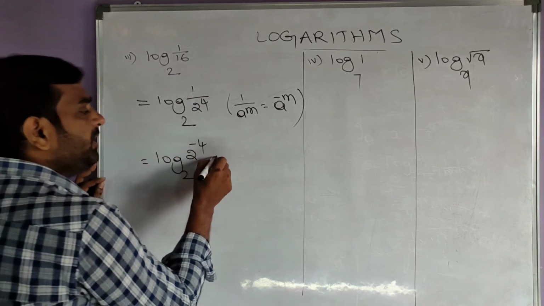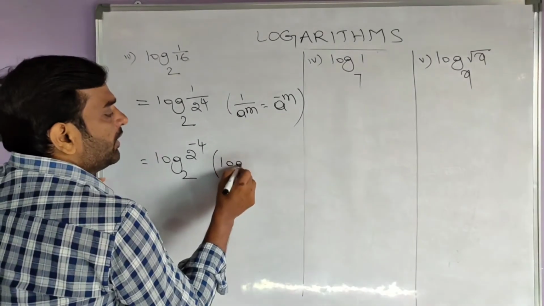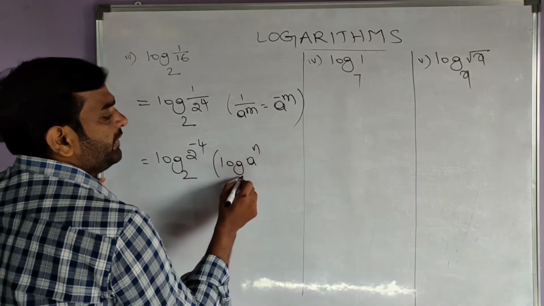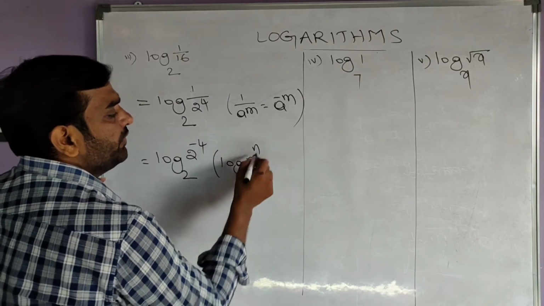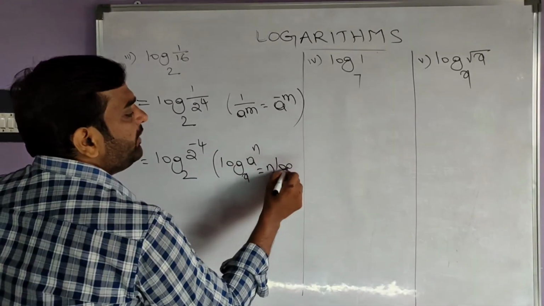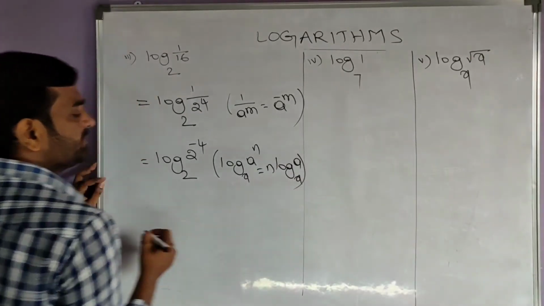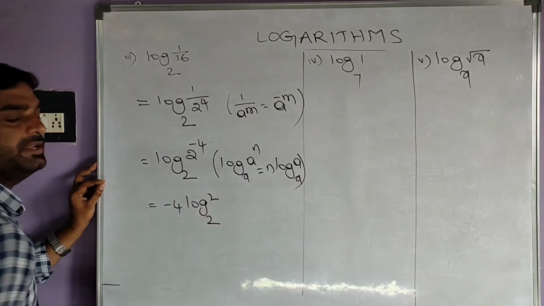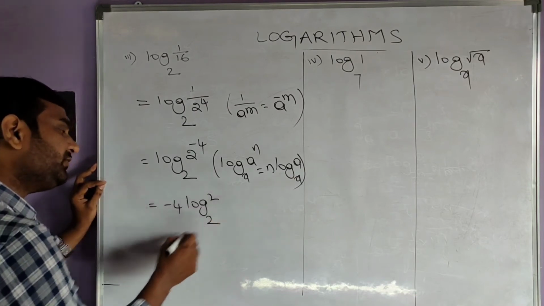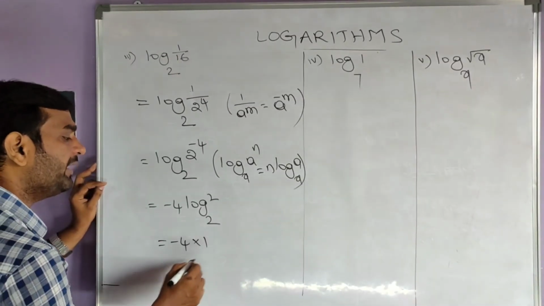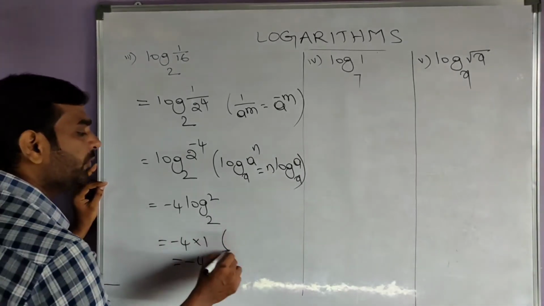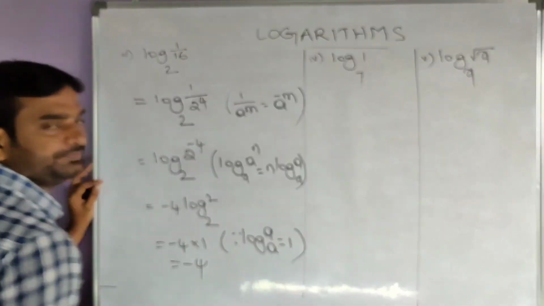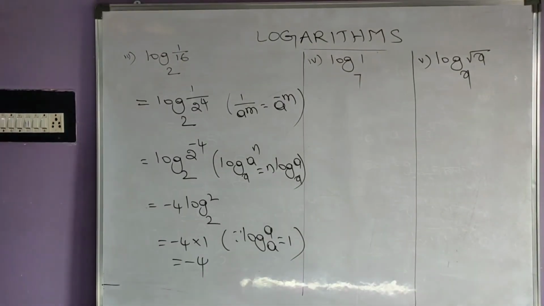Now the formula: log a to the power of n base x, n comes forward, n log a to the base x. So minus 4 log 2 base 2. If these two are equal, then value is 1. Minus 4 into 1 is minus 4. Why? Because log a base a equal to 1.